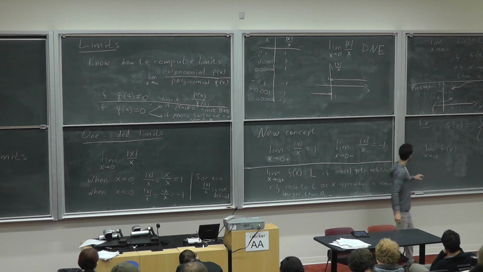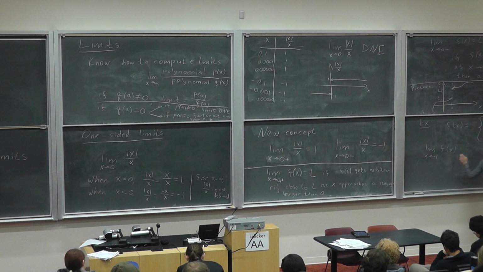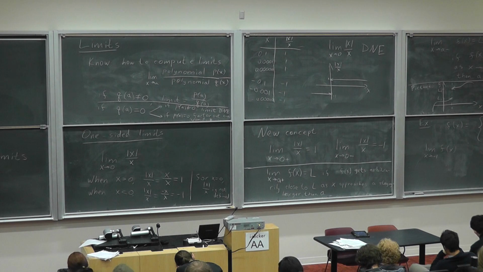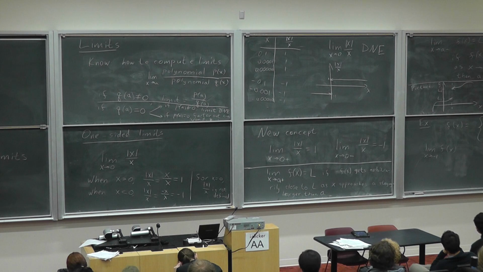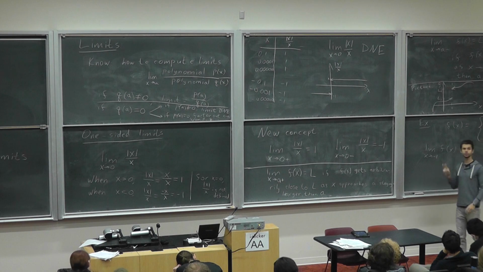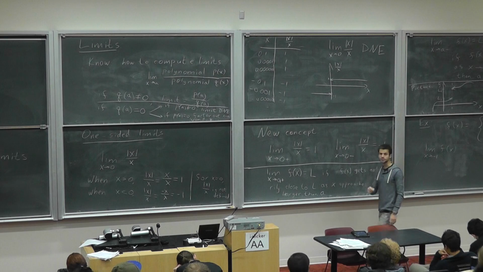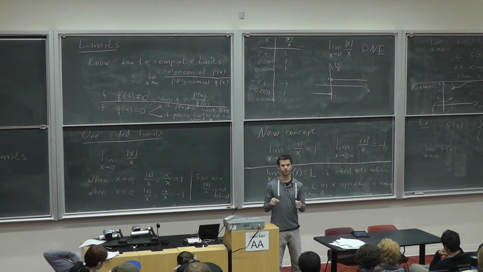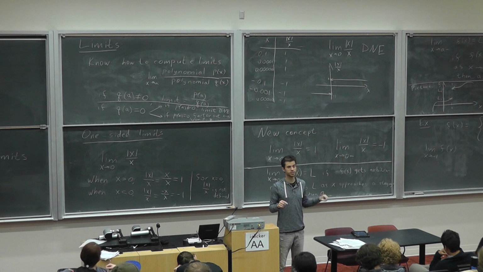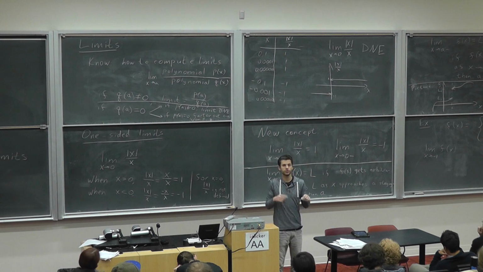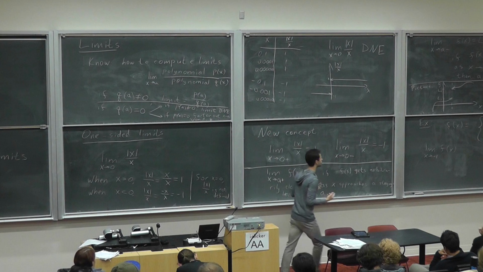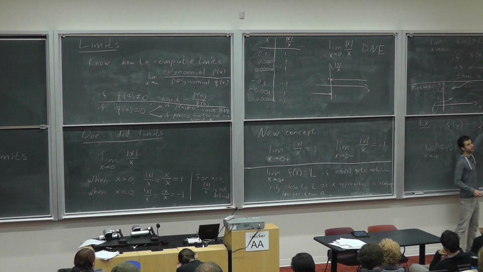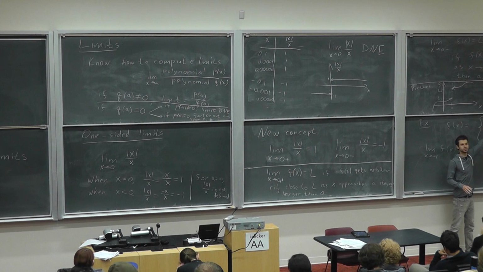To argue about what happens to this function when x approaches minus 1, I'll have to consider two cases. It's not really defined at minus 1, so I'll have to consider two cases. x might approach minus 1 but stay a little bit larger, and it can approach minus 1 and stay a little bit smaller. The reason I have to consider these two cases is because the function is defined by two quite different formulas in these two cases.